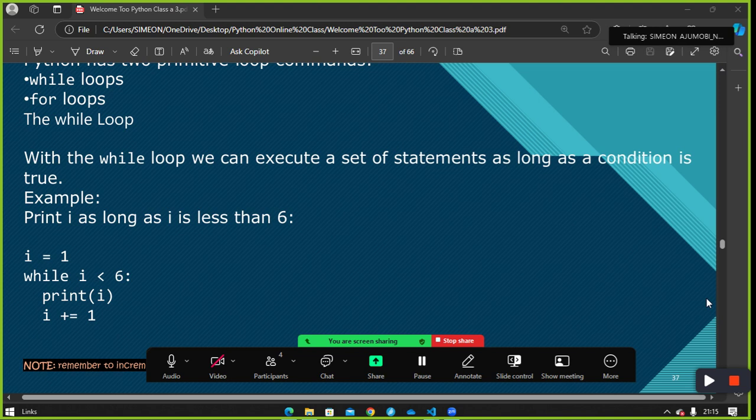Perfect. It didn't get to 46, it stopped. It worked. Did you see that? It worked. So that is how we work on increment or decrement of while loop. You understand?